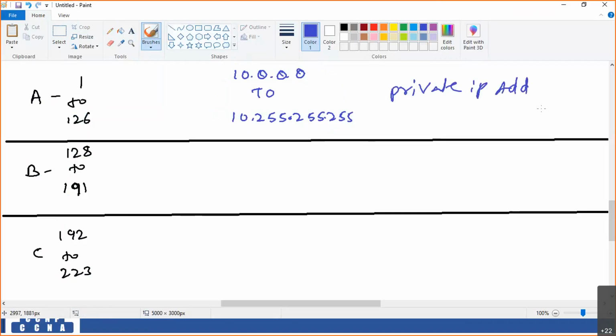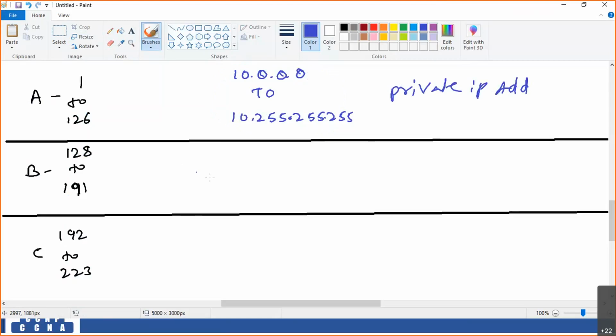Remaining all IP addresses from class A are public IP addresses. The whole 10 dot network is reserved for private IP addresses.